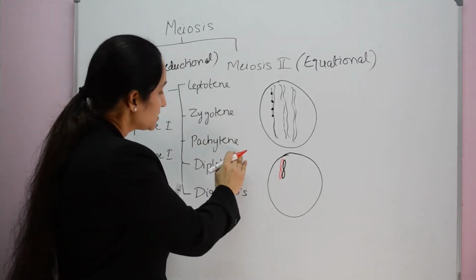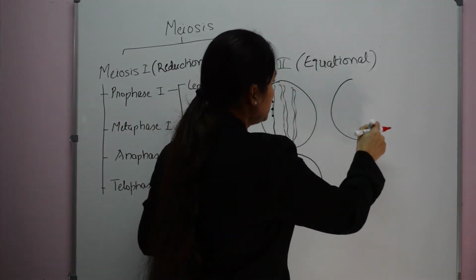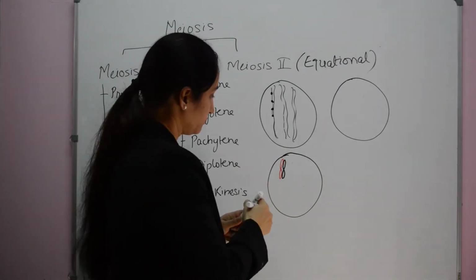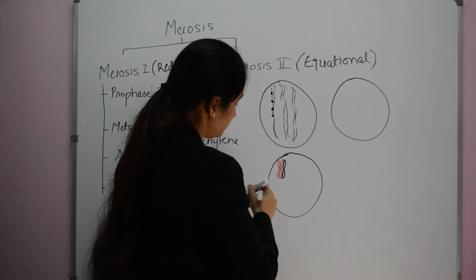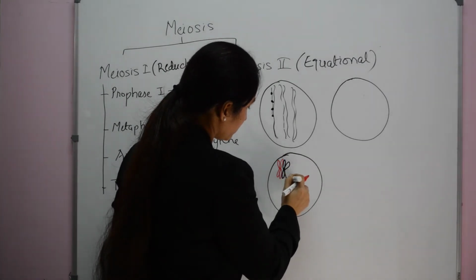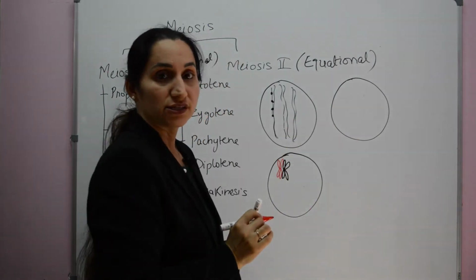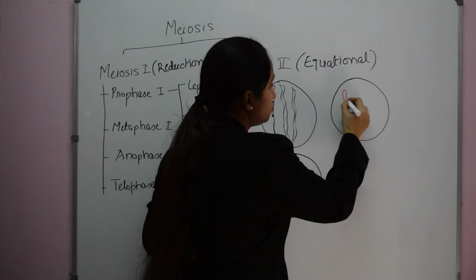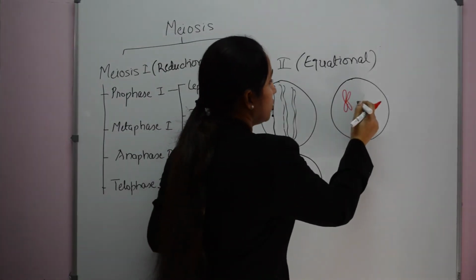Now next comes the pachytene. What will happen in the pachytene stage? Here they will look double structured, right? These are two sister chromatids of the maternal chromosome.